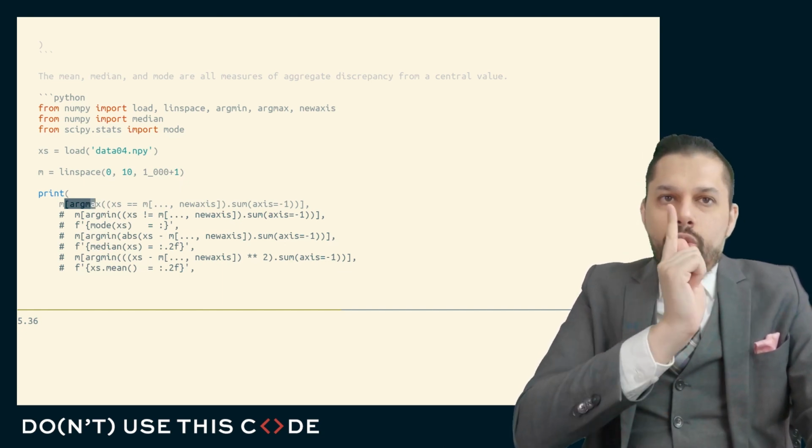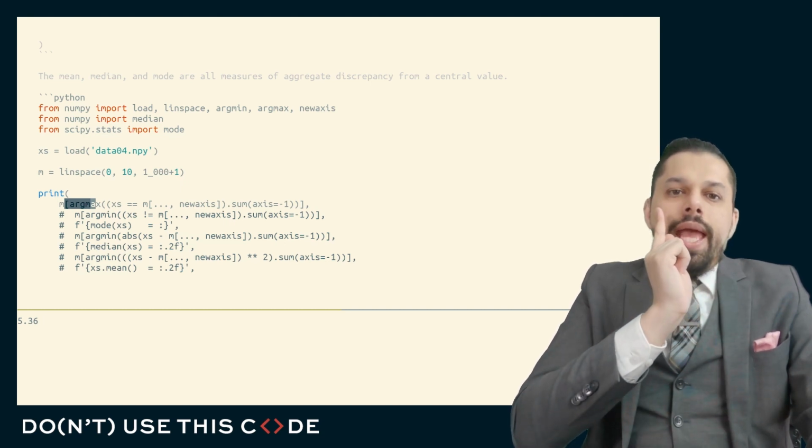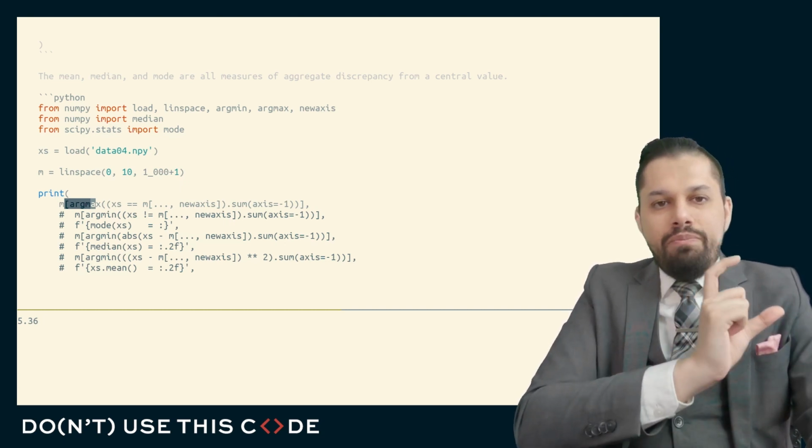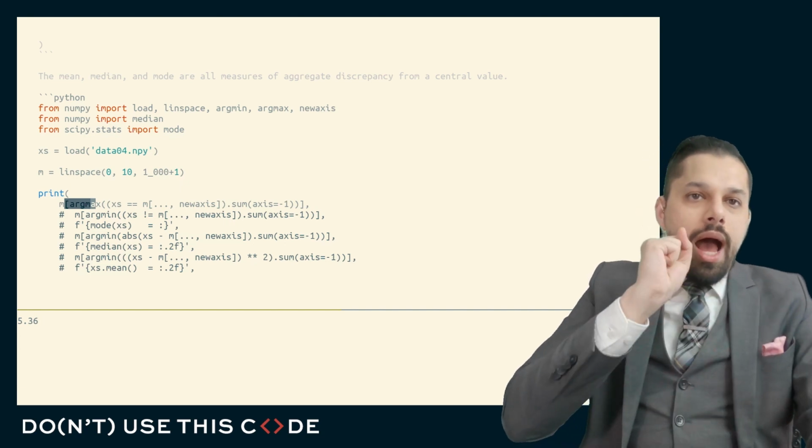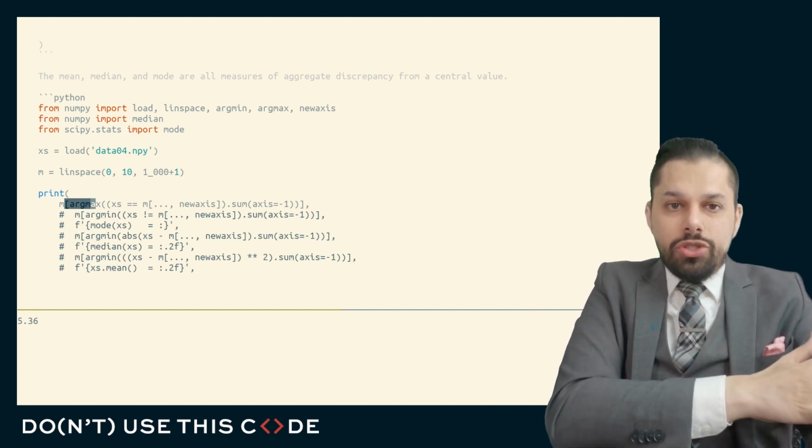In other words, what we can think is the mode is actually a value that we've chosen in order to minimize a metric of discrepancy, where that metric of discrepancy is either you match or you don't match.